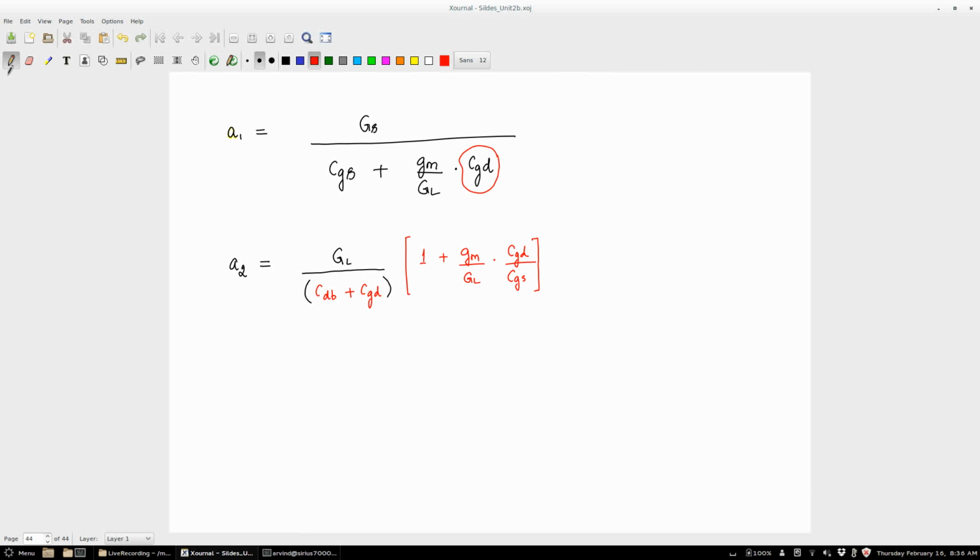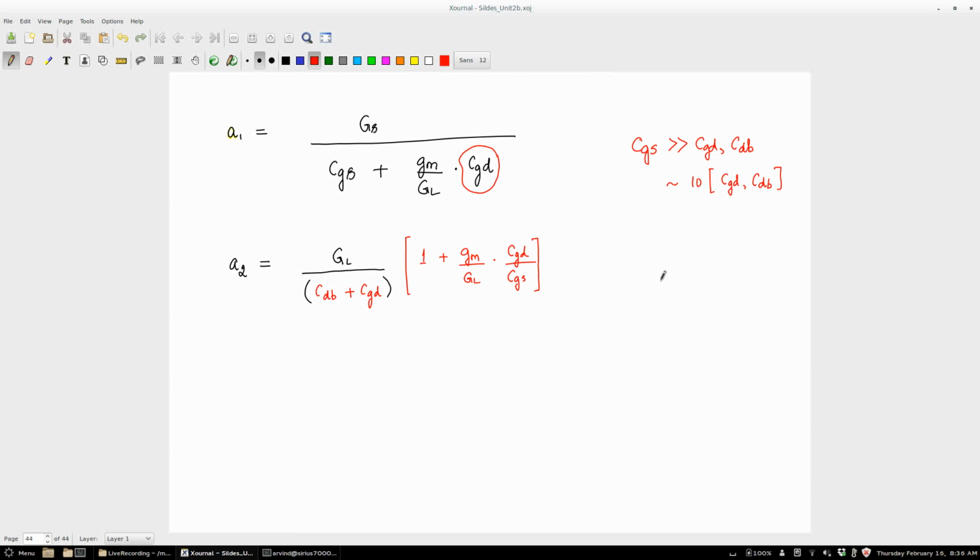So what I want to do is to look at these two things. Okay, so I also want to clarify that I yesterday just left a little awkward. Okay, so we need to know the relative magnitude of these various things. Okay, I goofed up yesterday in one of them. I'll correct that. But before that, we already have discussed that CGS is much greater than CGD and CDB.